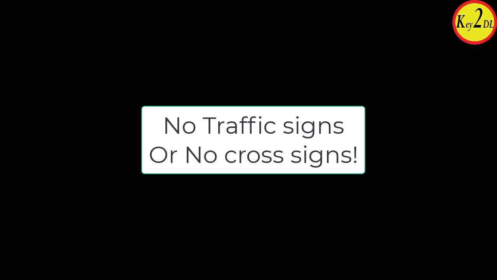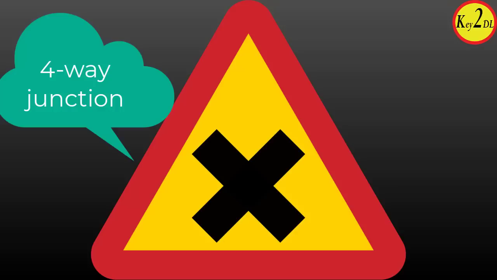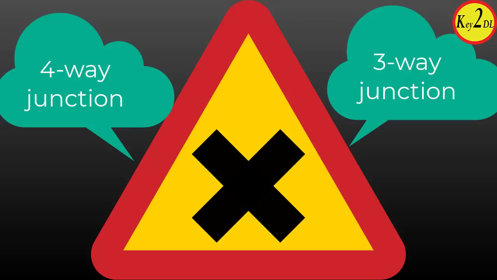This particular cross sign can be erected before a four-way junction or even a three-way junction. So don't confuse this with only a four-way. If you see this cross sign, it is not always put ahead of a four-way junction. It can also be placed before a three-way junction.